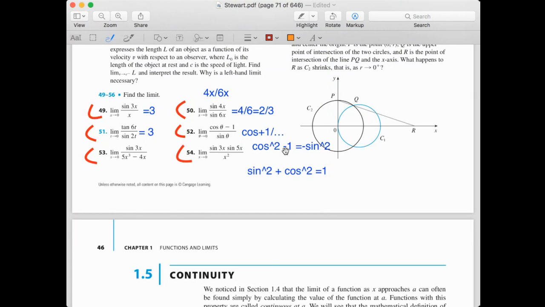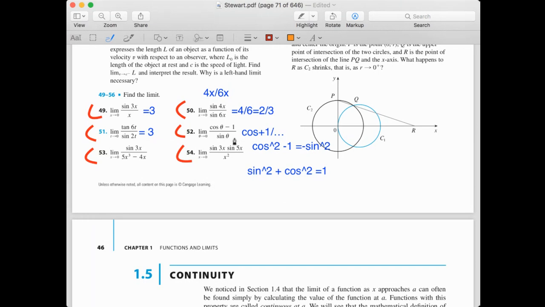That's cosine square minus 1. By the identity, equals a negative sine square. Negative sine theta square. So sine square cancels one term with sine theta here. So the denominator becomes cosine theta plus 1. The numerator will have negative sine theta. The denominator will have cosine theta plus 1.